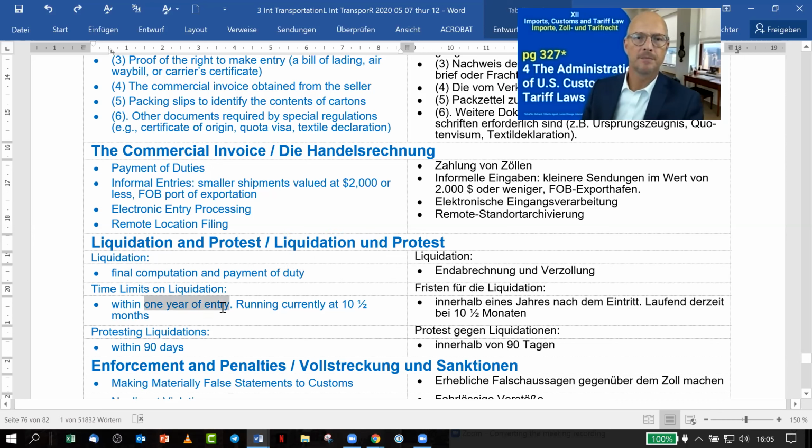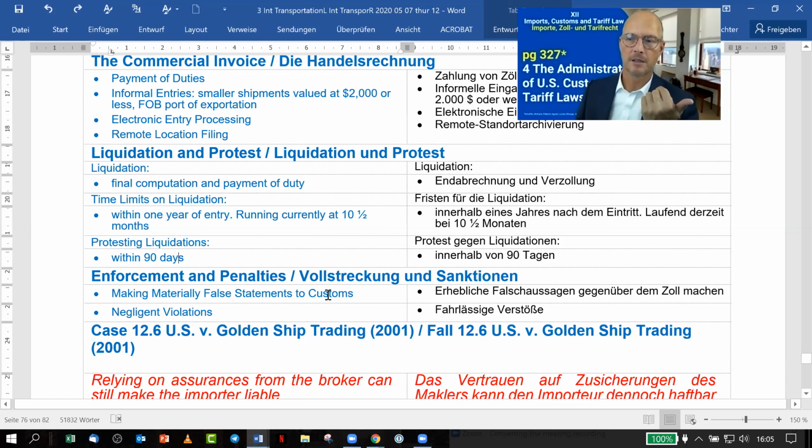If you don't follow these rules, if you don't pay, then we have some enforcements and penalties. For example, if you make false statements to customs, for example, a wrong origin, so the certificate of origin was wrong, or you have some negligence violations. You can see in the Golden Ship Trading case from 2001, here the importer is then liable.